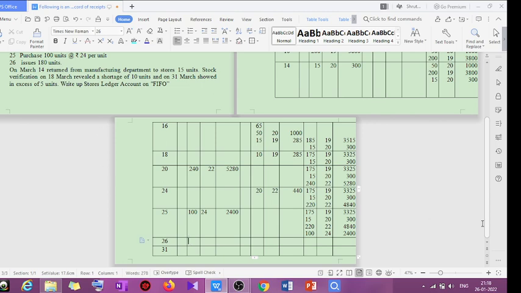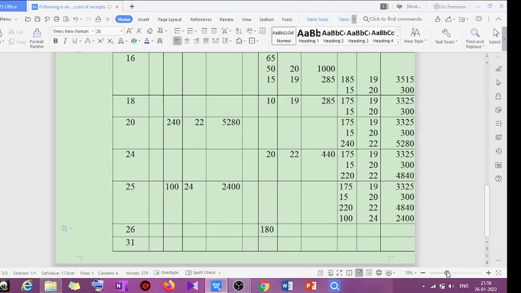Okay, let us see the next. That is on 26, there is an issue of 180 units. Now tell me how to give this 180.